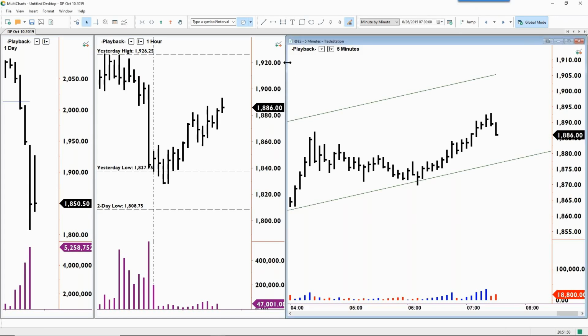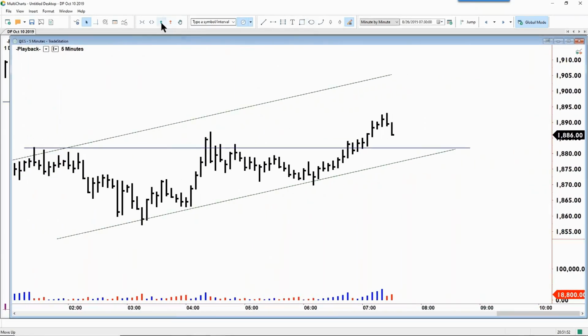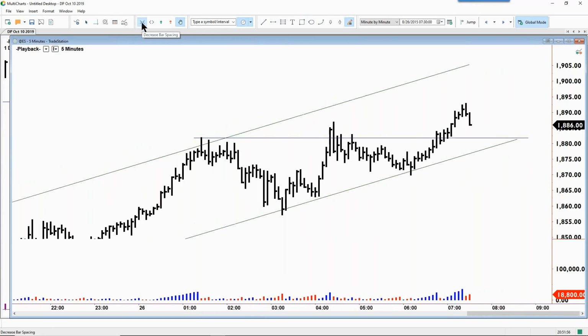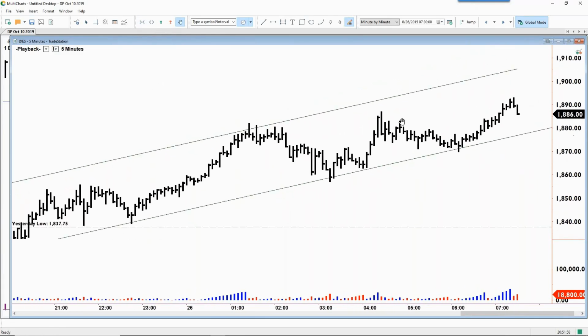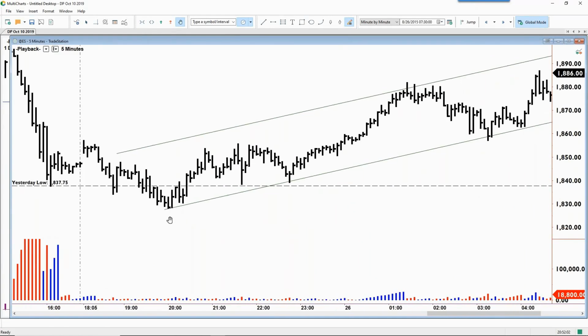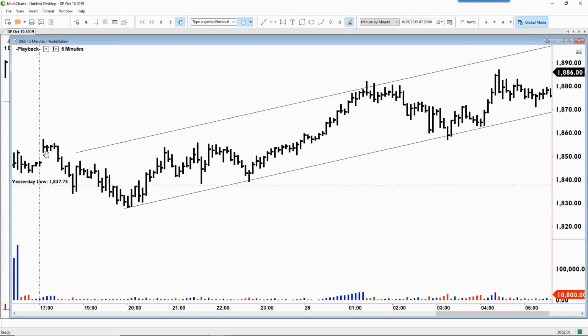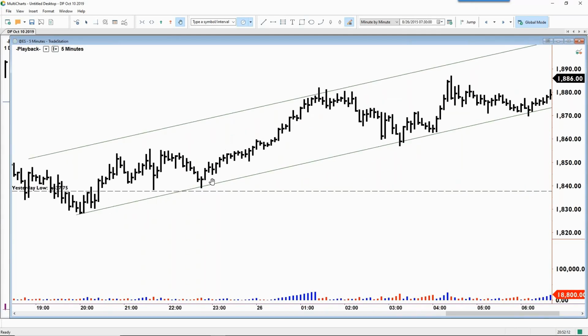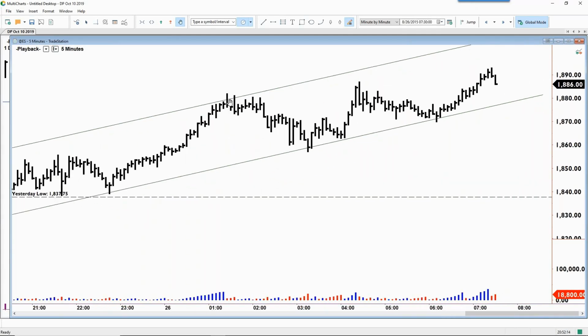All right, let's take a look at the 5-minute chart. I'm going to crunch this a little bit just so we can see it all. Here we are at the bottom. This is yesterday's low in here. So we dipped underneath of it and rallied up. Looks very similar to the British pound, doesn't it? Pushed up, hit supply.